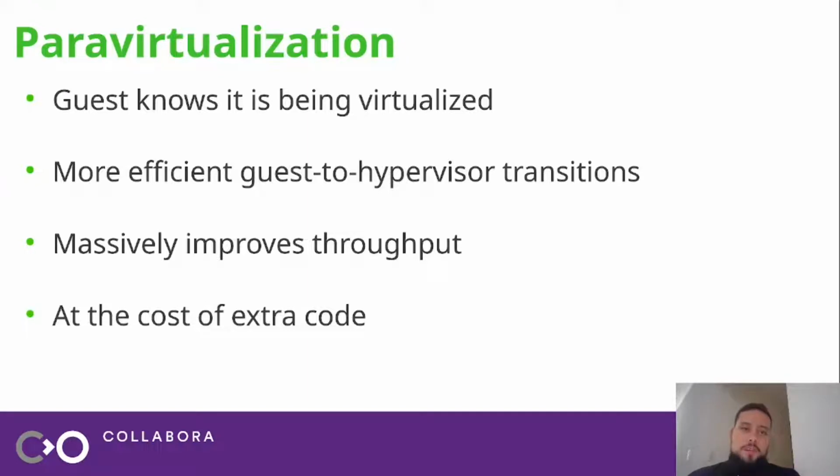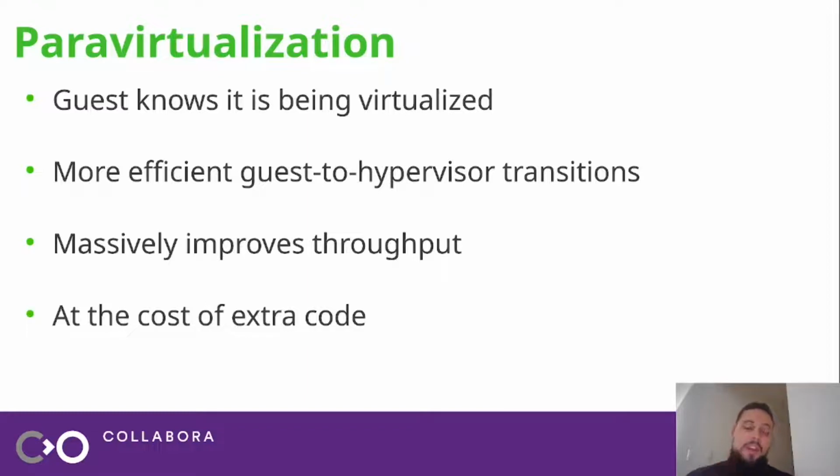Whereas when you're using para-virtualization, such as the Virtio standard, instead of doing this, you're going to be communicating by sharing buffers. This is going to be much faster because the host will have access to the guest's memory most of the time, and you'll be able to batch requests, which also will massively improve throughput.